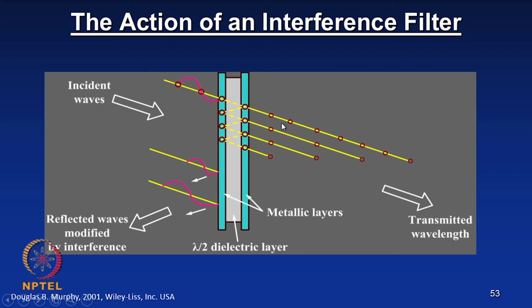Since all the transmitted waves are in phase, they will constructively interfere and become a transmitted wave. So, this is the function of the interference filter. We will see the usage of this filter in much more detail when we take up the variant of this microscope in the coming lectures.